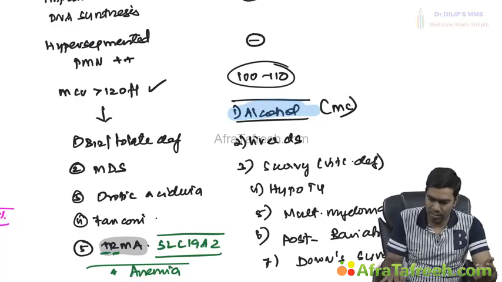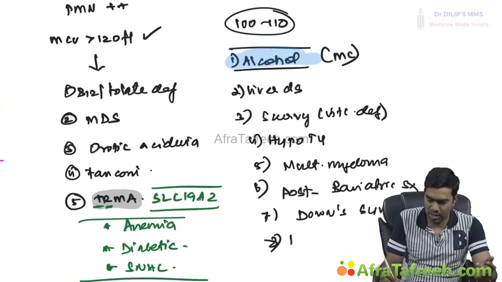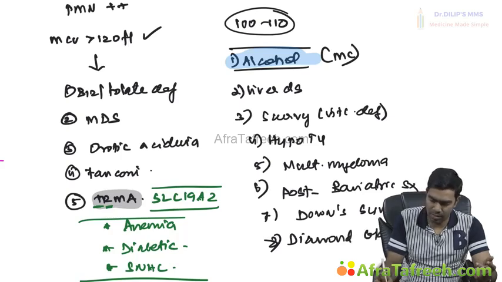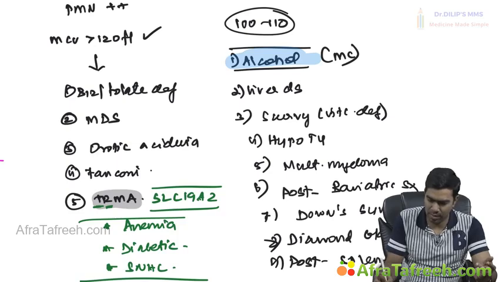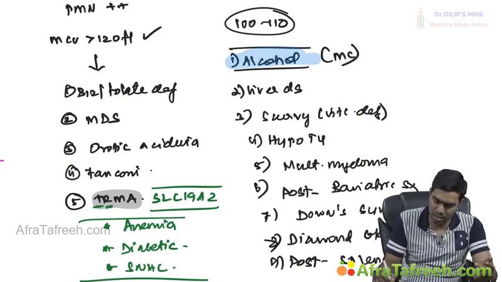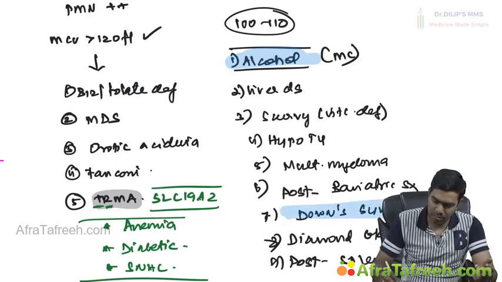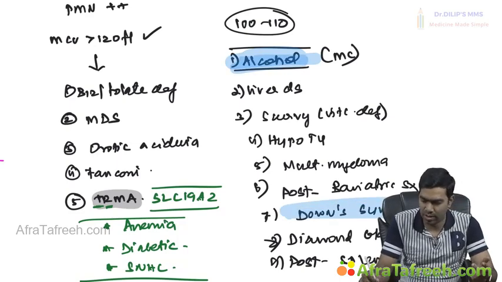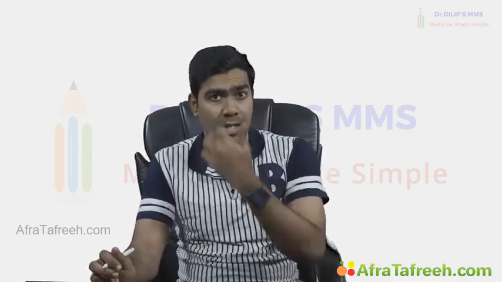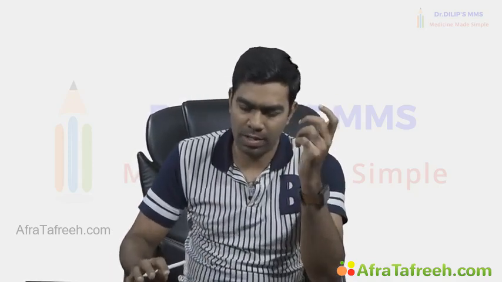You might also see it in rare conditions like Diamond-Blackfan anemia, or after splenectomy. So these are the conditions. Out of these, if you filter, the most important are Down syndrome and alcohol. These are the most important things you have to know that can induce a non-megaloblastic macrocytosis in the first place.